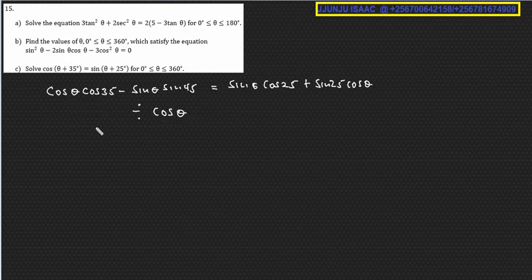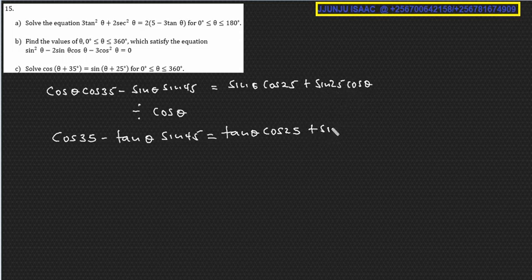Now this will be cos 35 minus tan theta sine 35 equal to, now when divided with the cos in this term, we shall get a tan theta cos 25, and when divided with cos here, we shall get a sine 25. Cos cancels.